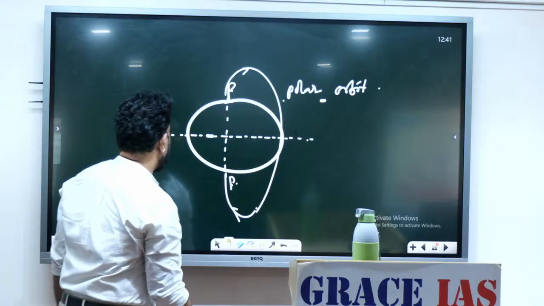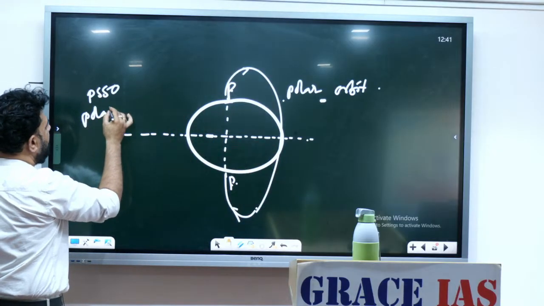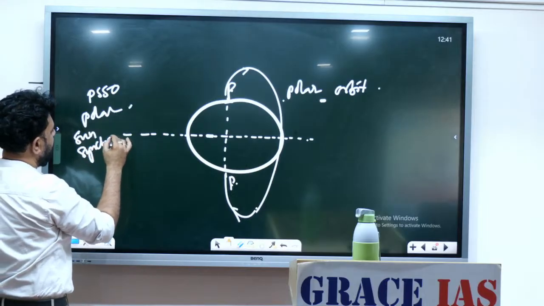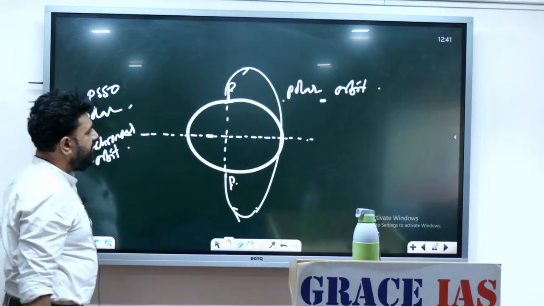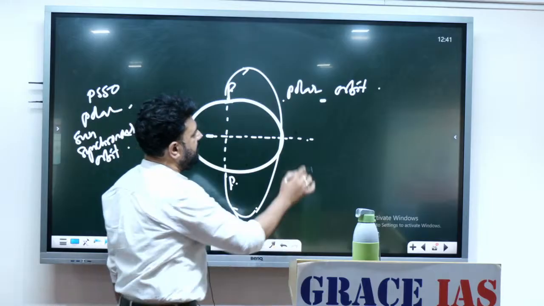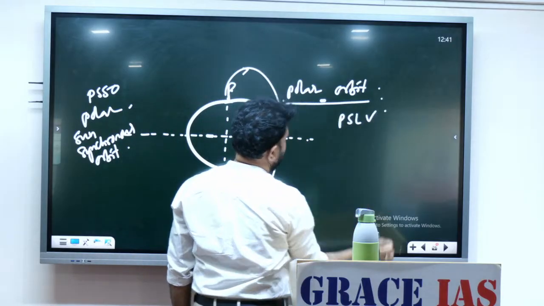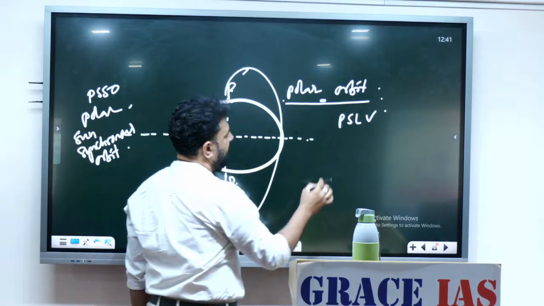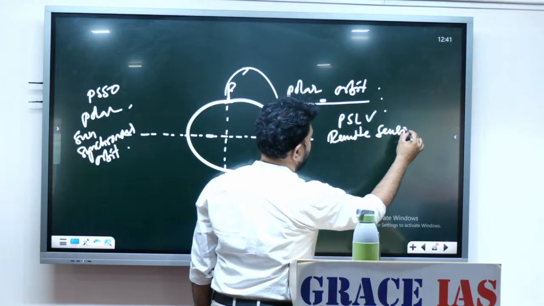and this orbit is also called polar sun synchronous orbit. So this orbit is used by ISRO largely for launching PSLVs, polar satellite launch vehicle, just understand the term, and it is used for remote sensing purposes.